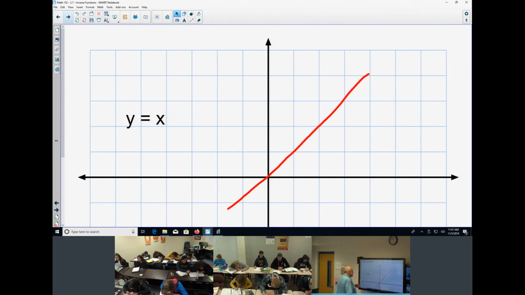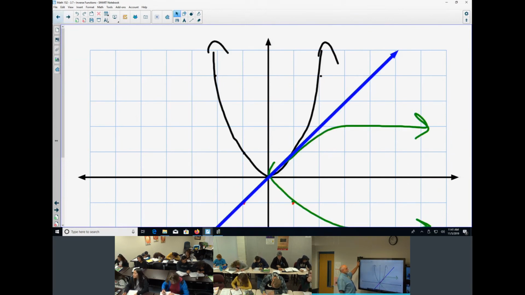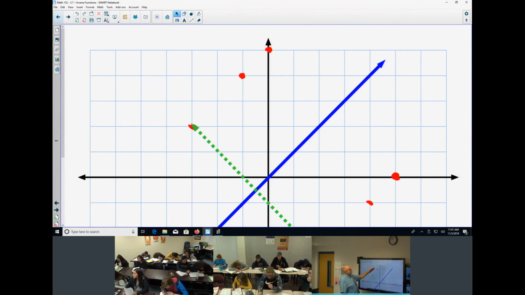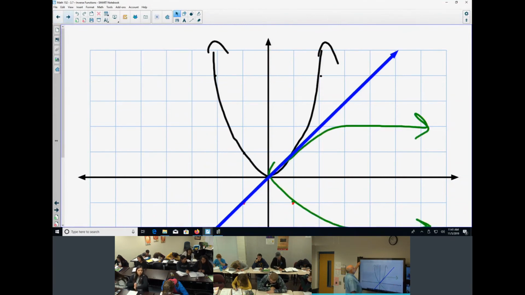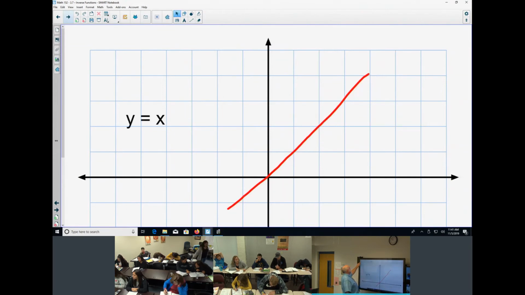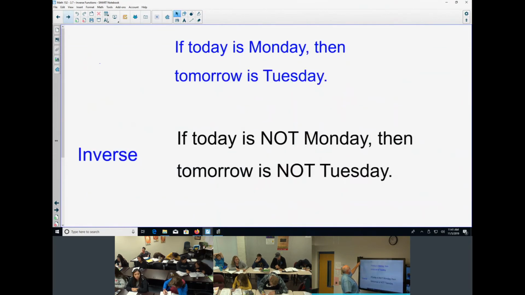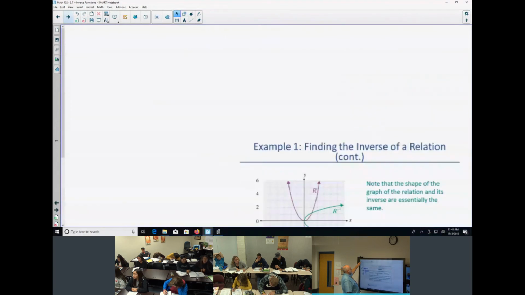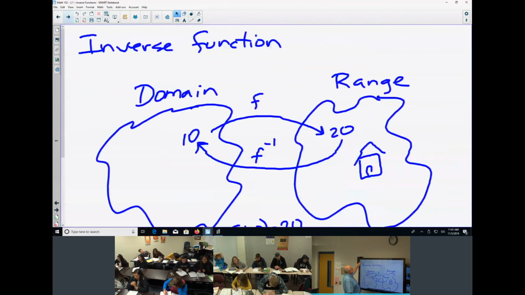It should be symmetric through y equals x. Okay? So what I mean by that is if you graph points on one side of the line, the inverse will have points on the other side of the line. Or if you graph a curve on one side of the line, its inverse will be a curve on the other side. So it's reflective symmetry. Okay? All right, so go ahead and do practice 1.